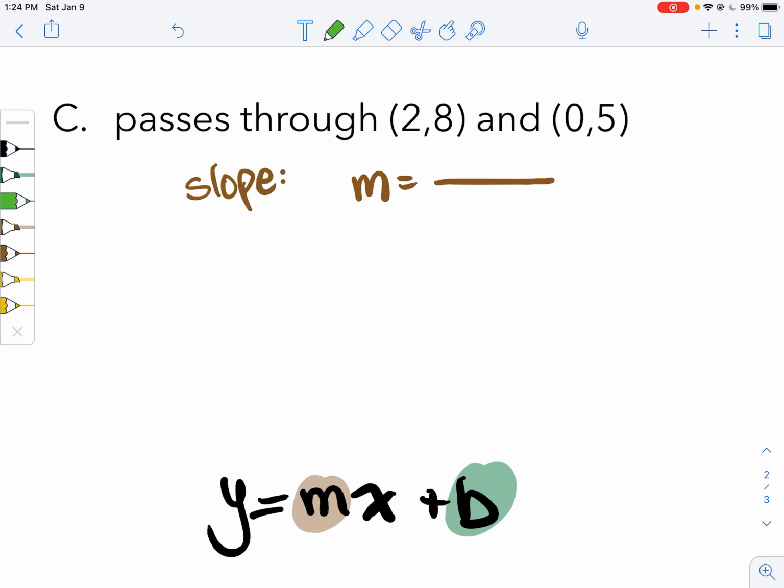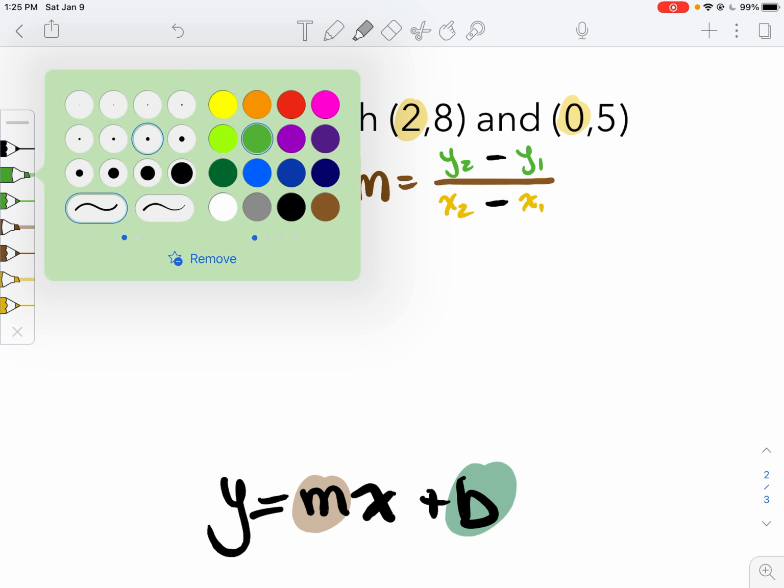So it's going to be y2 minus y1 all over x2 minus x1. Remembering that our x values come first and our y values come second.